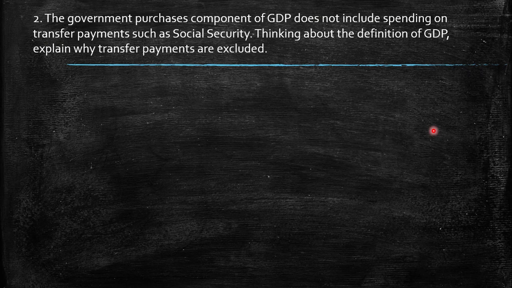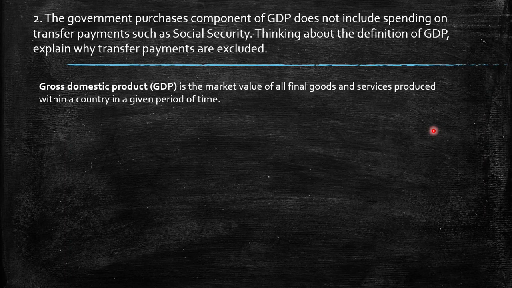Second question. The government purchases component of GDP does not include spending on transfer payments such as social security. Thinking about the definition of GDP, explain why transfer payments are excluded. Let's start with the definition of gross domestic product. The gross domestic product is the market value of all final goods and services produced within a country in a given period of time.